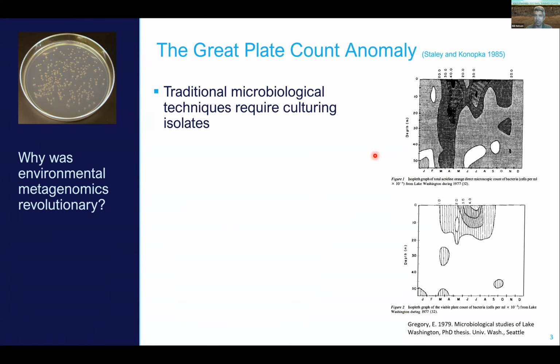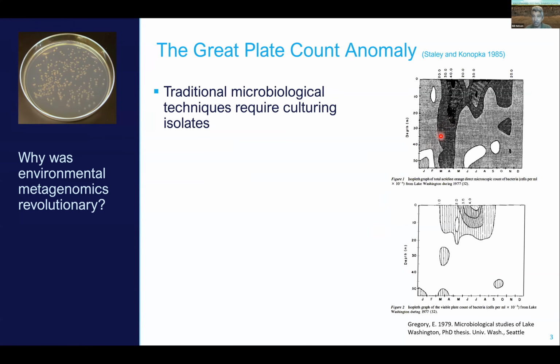So these are the two graphs that are on the right here. Across the bottom is month and the y-axis is depth, and these were samples that were taken from Lake Washington. And this student did two different techniques to enumerate the bacteria that were present in these samples. The top was an acridine orange direct count using a microscope, with the darker colors being higher concentrations of bacteria.